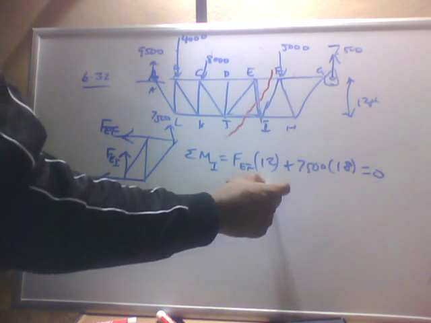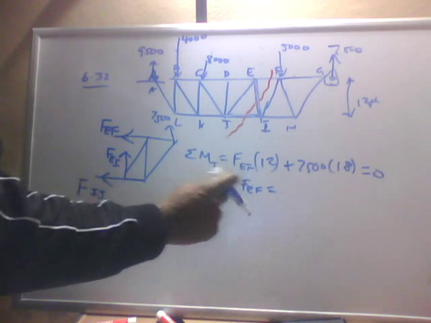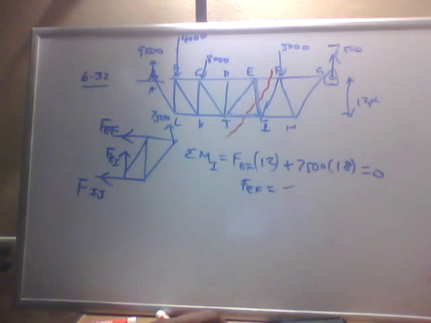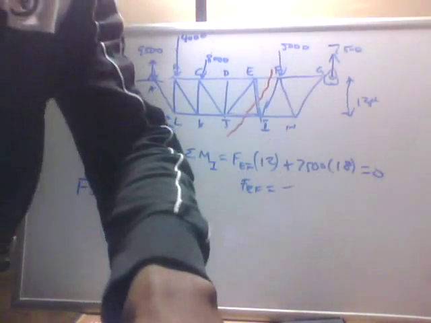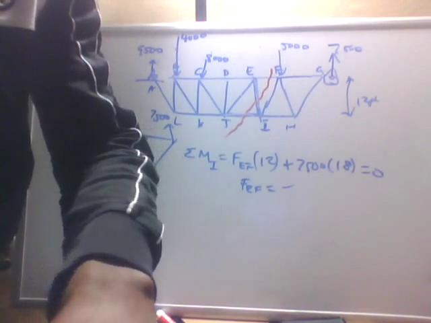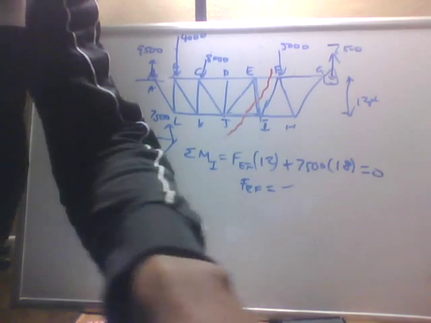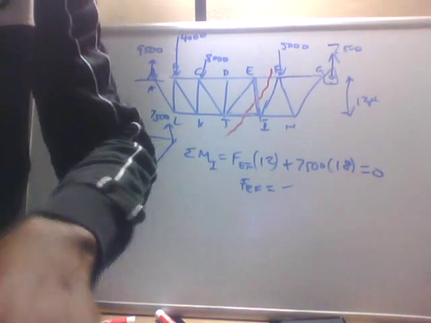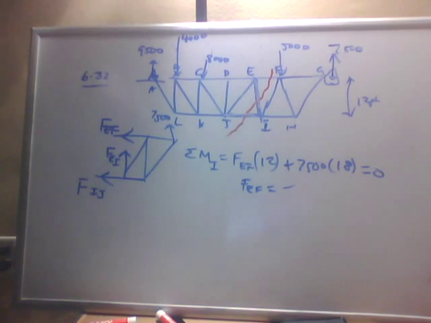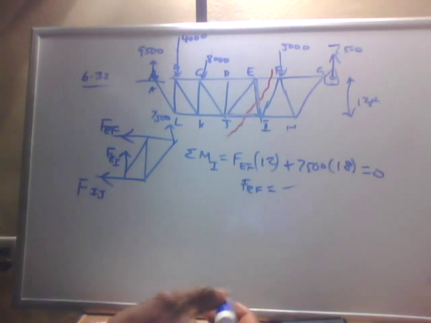It's actually negative. Calculator help. 7,500 times 18 divided by 12 is 1250, and that's FEF.